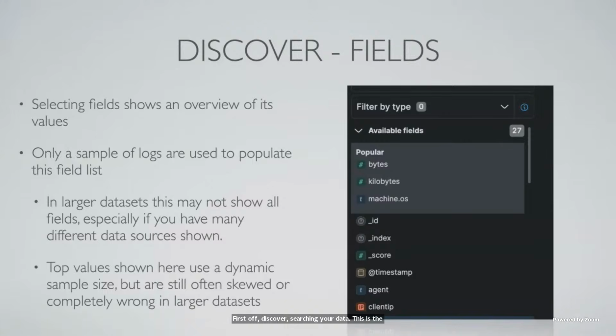That means in larger data sets, you quite often will get a sample that's not necessarily representative of the full amount of data you're looking at. And we'll cover how to open up a visualization and get more accurate counts. But just be careful when you're looking in here. It's great for a quick glance, but if you're making decisions based on these numbers, there are more accurate ways to pull the same information.